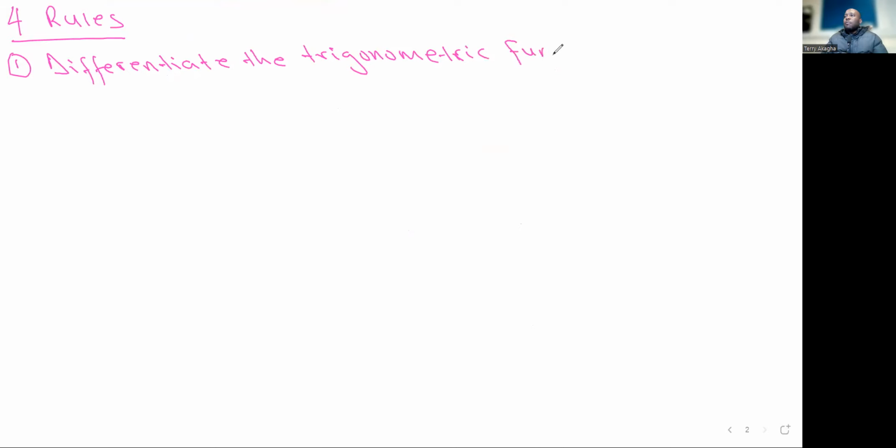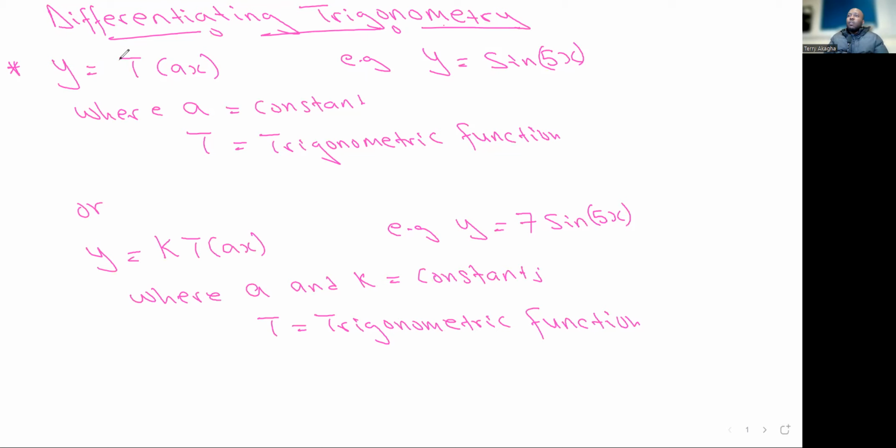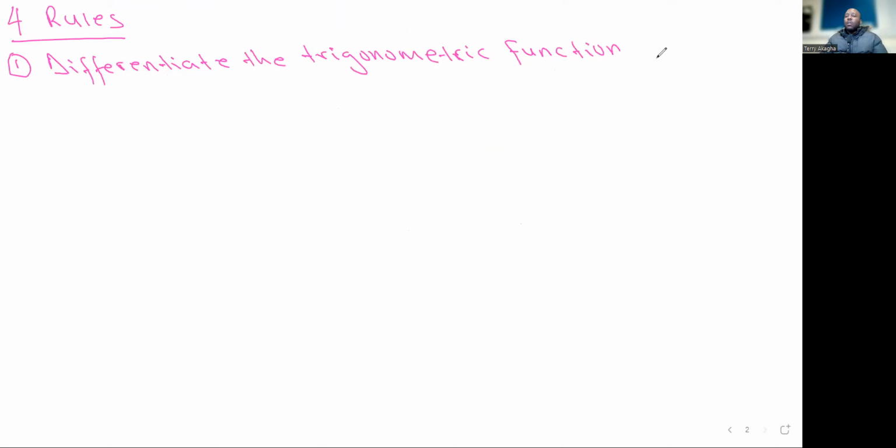So I'm referring to the T. The trig function, you have to differentiate it first, to give you the derivative of it, so to give you T prime. So let's assume when you differentiate the trig function, the answer you got was T prime, all right?